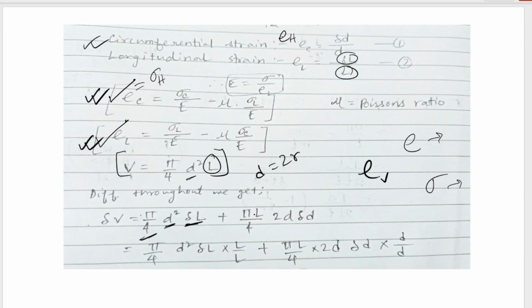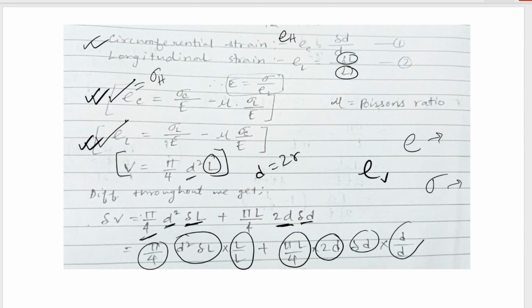So pi by 4 into L into 2d into delta d. Then you substitute it: pi by 4 d square into delta L, intentionally multiplied by L by L, plus pi by 4 L into 2d into delta d, intentionally multiplied by d by d.